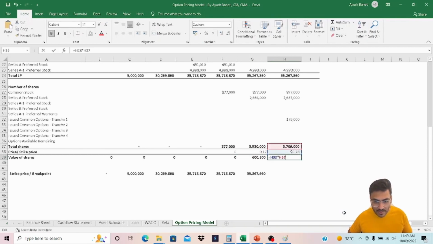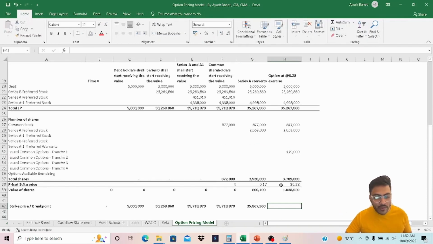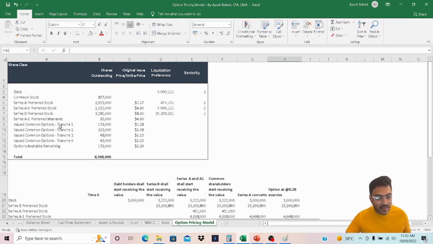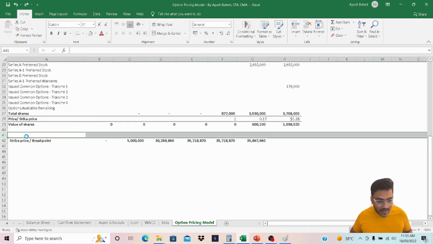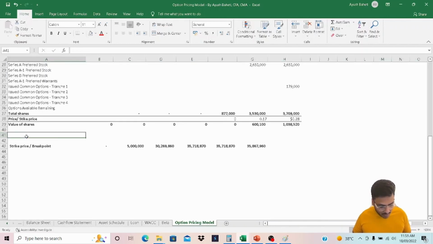total value is this. Now again, one important point to note is that when these option holders exercise their options, they will pay an amount equivalent to the total number of outstanding shares multiplied by the strike price, and it will be income to the company. So what we can do is adjust the inflow from these option holders.